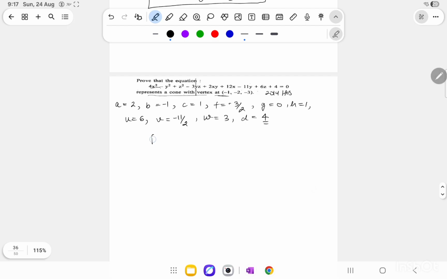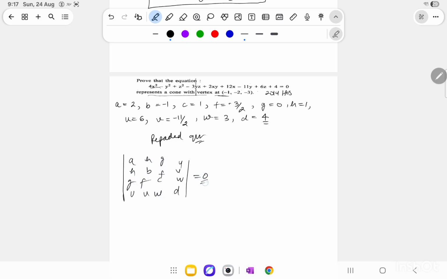So this one also is a repeated question. Here you can just substitute values in a, b, c, d, and u, v, w, h, g, f, and equate it with 0. If you substitute these values here, you will see that this determinant turns out to be 0. Then further you can find the vertex by first converting it into a homogeneous equation by taking t equals 1, and then solving del f by del x, del f by del z equals del f by del t equals 0.